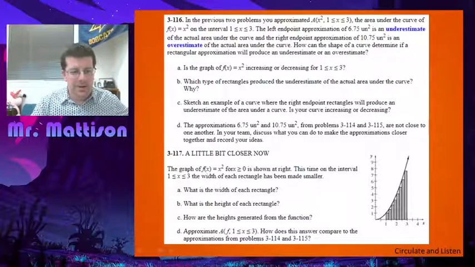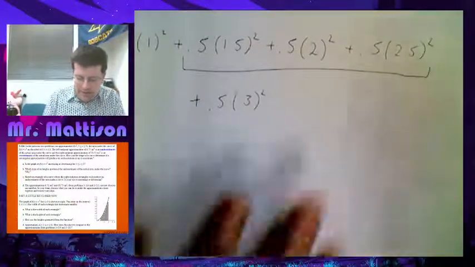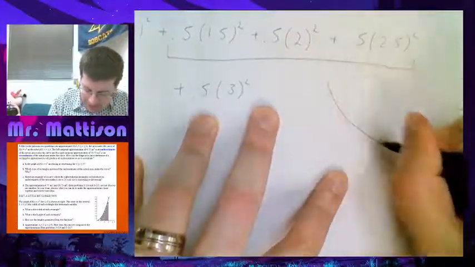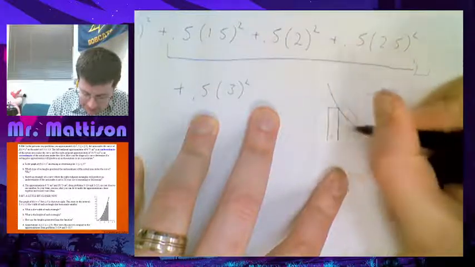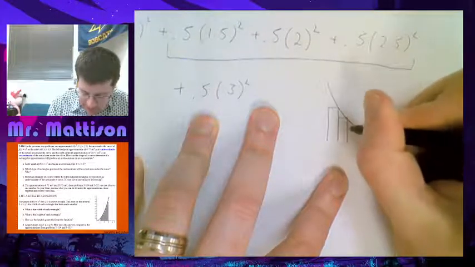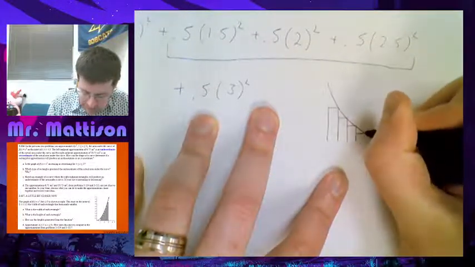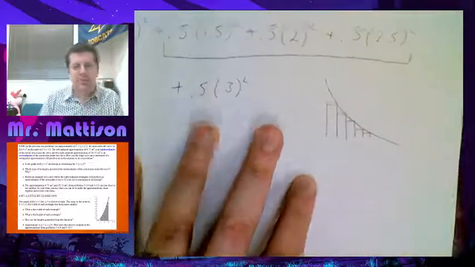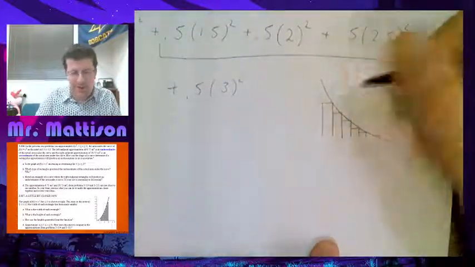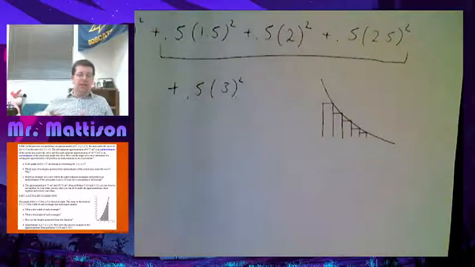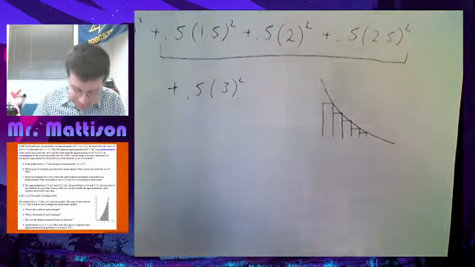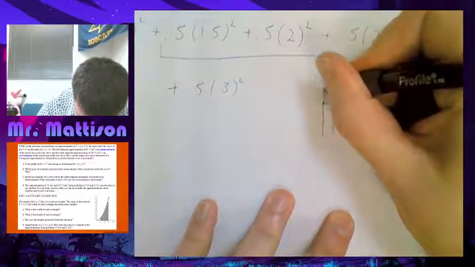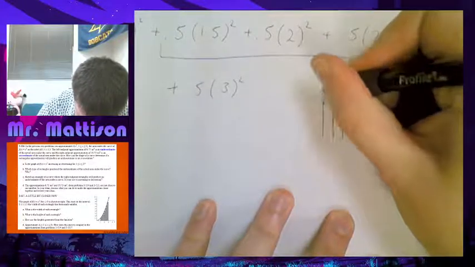Graphically, if I have any kind of curve that is decreasing, a right endpoint is what's going to give me the underestimate, right? Because then I'm going to be leaving my gaps there. So if I'm decreasing, a right endpoint gives me an underestimate, but a left endpoint, if I do that in a different color, would be overestimating.